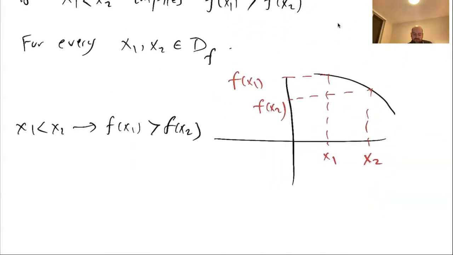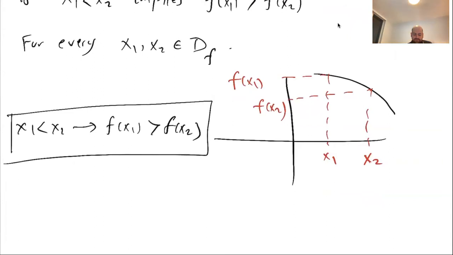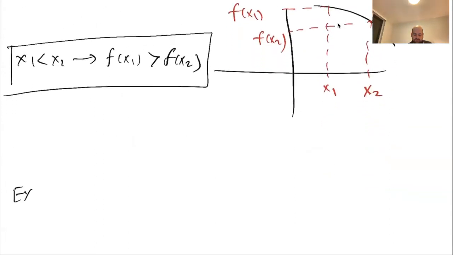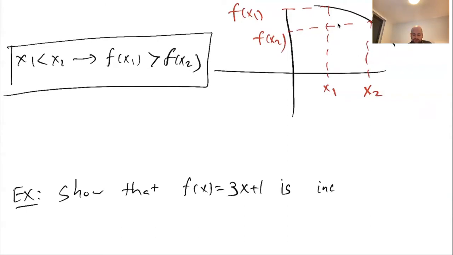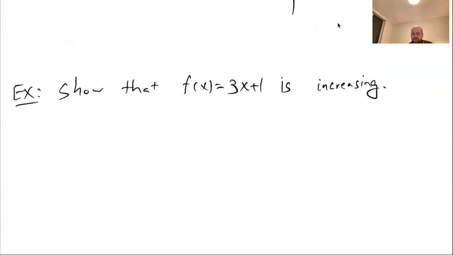So let's look at an example. Show that f of x equals 3x plus 1 is increasing. How can we show that this function is increasing? We have to apply the definition of an increasing function.